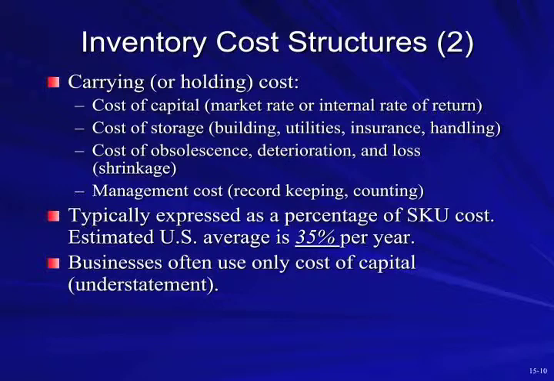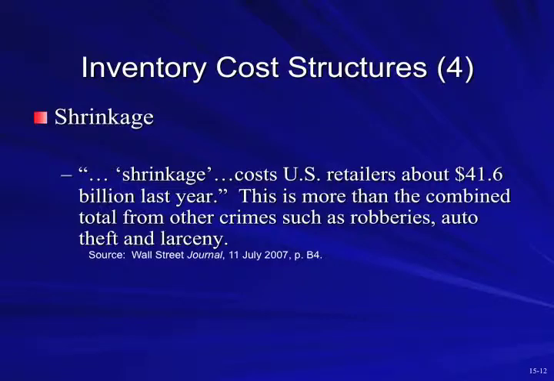In an inventory cost structure, 35% is a normal figure for carrying costs, which means that if your inventory is worth $1, you probably have to add another 35 cents for the things that are not direct costs. Obsolescence, storage, material handling, tax and insurance are all part of that. Shrinkage is a cost in itself because when you produce something, you count it, you put it into inventory and you say it's there.